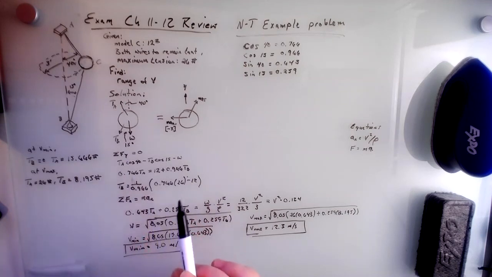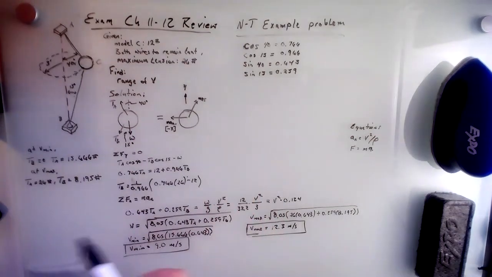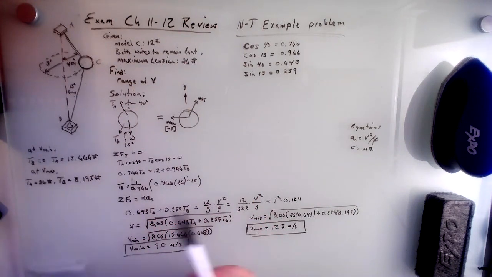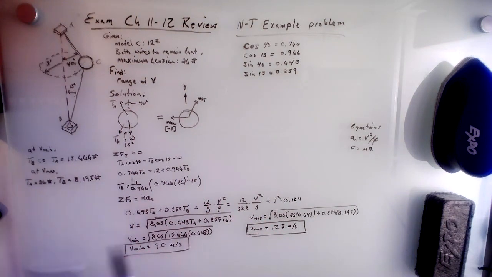Often when you're asked to find a range of values, what you need to do is consider the endpoints, which is what we did with the sum of the forces in the Y. And if you can make a table of values, generally you should. By making that table, later on when we need the values, we have them.